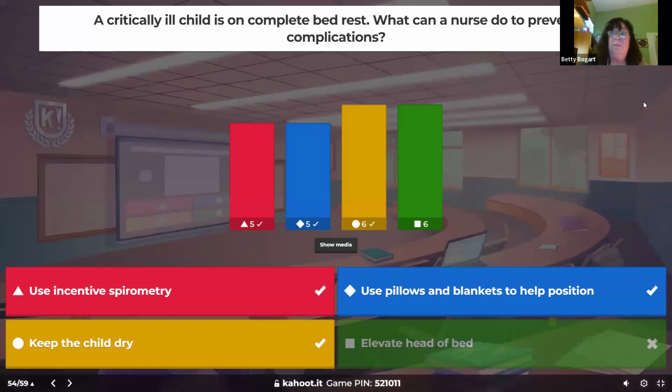Children are the same, and you need to keep their lungs moving, keep them dry, use pillows and blankets. And of course, you can use those chucks. I use toys, I use blankets, I use all things to turn them, position them, and rub them if we need to. Elevate the head of the bed if we can.